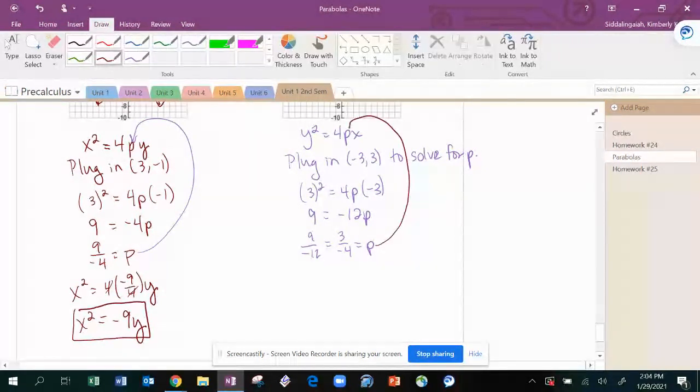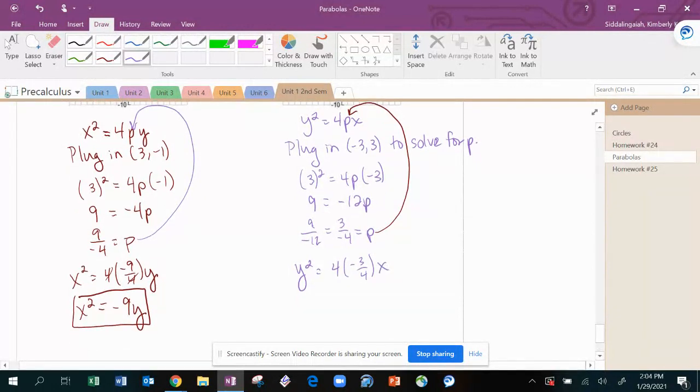I'm going to go back and plug that in up here so that I get my equation. And when I multiply negative 3/4 times 4, those 4's cancel. So I get y squared equals negative 3x. Not a fun equation to deal with, but it wasn't too bad given the information we had.